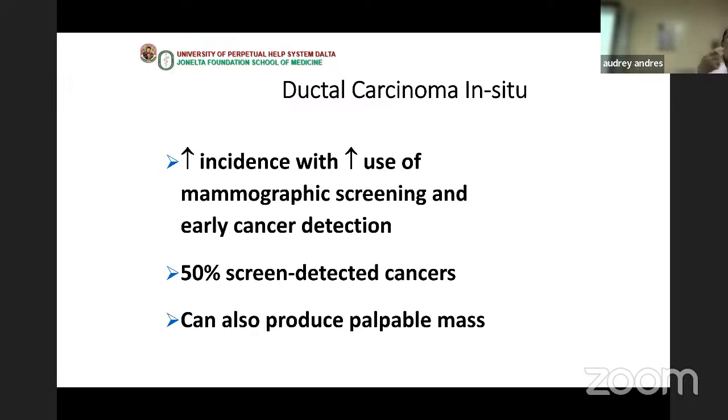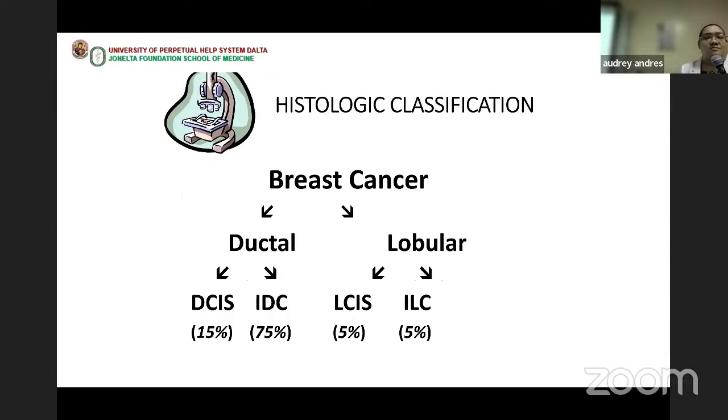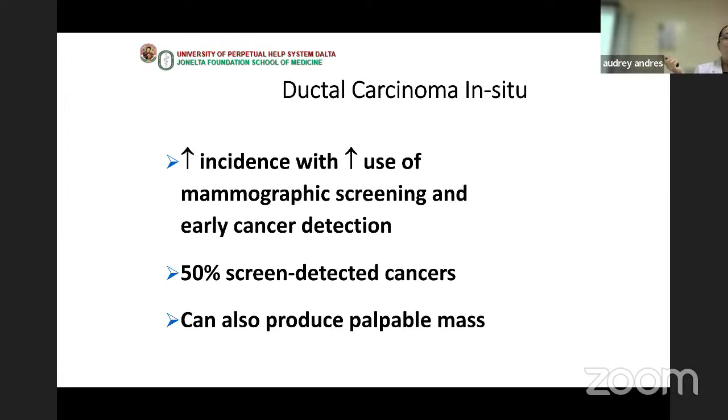Okay, so what's ductal carcinoma in situ? This is 15%. So increased incidence with increased use of screening and early cancer detection. Okay, this is increasing because of mammography, and this would comprise 50% of your screen detected cancers.